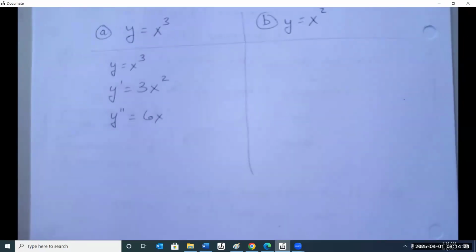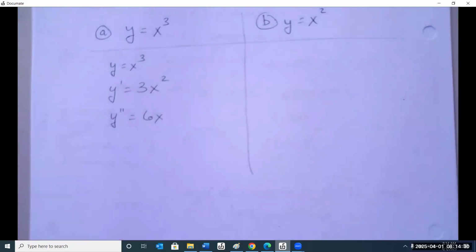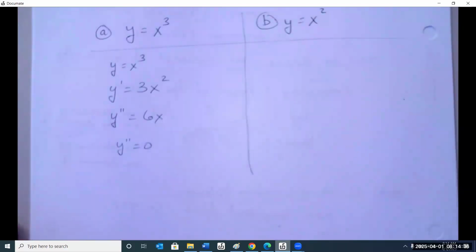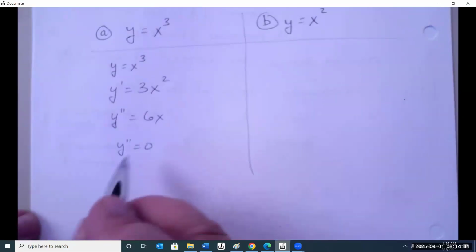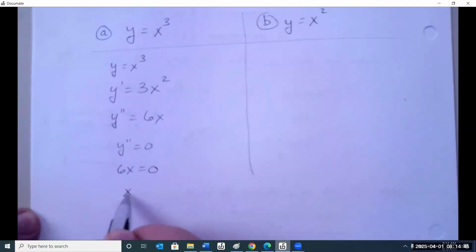Is it going to be positive, negative, or zero? Positive, yes. So the first thing I always start off is, where is it zero? So the first thing we do, we set this equal to 0. Because that's where it's neither increasing nor decreasing. So we have 6x equals 0 at x equals 0.